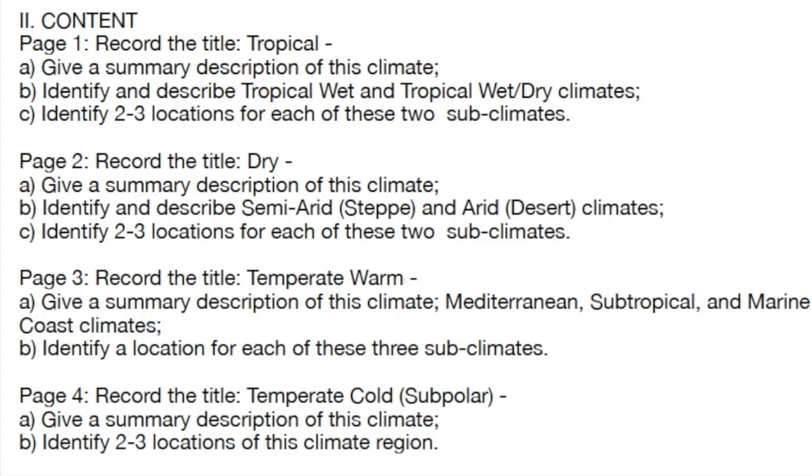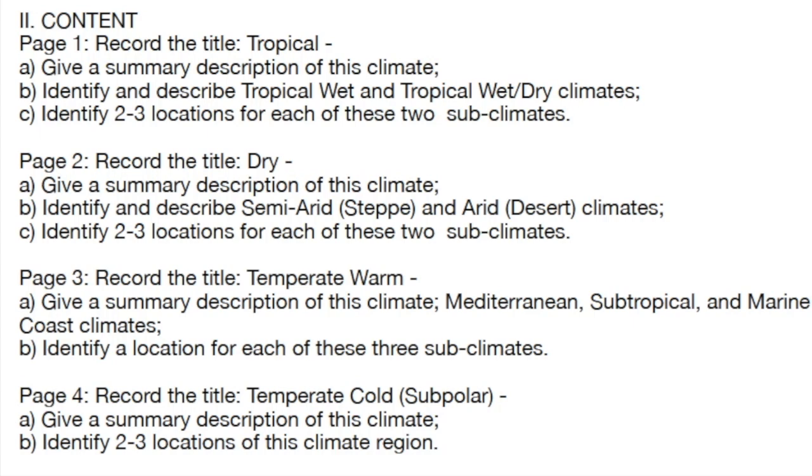You're going to give a summary. It doesn't have to be a paragraph, but basically it's describing the tropical. You can talk about temperature, you can talk about precipitation, anything that would summarize the characteristics of this climate. Then you need to also include the subclimates. So if it does have a subclimate, you need to include that.